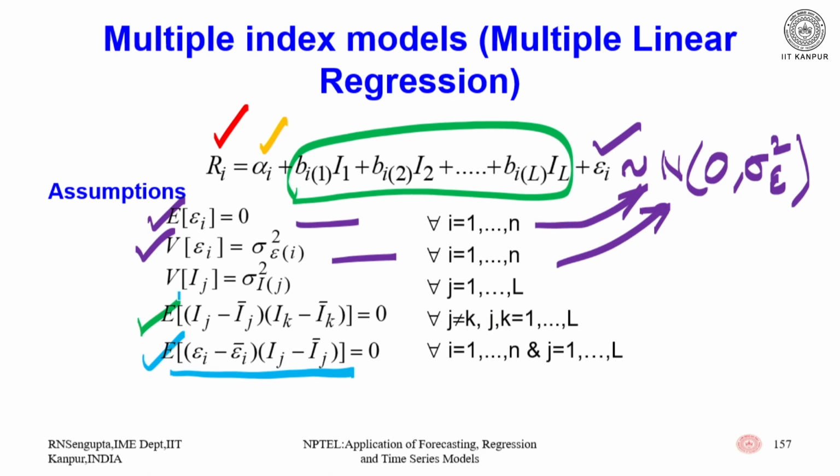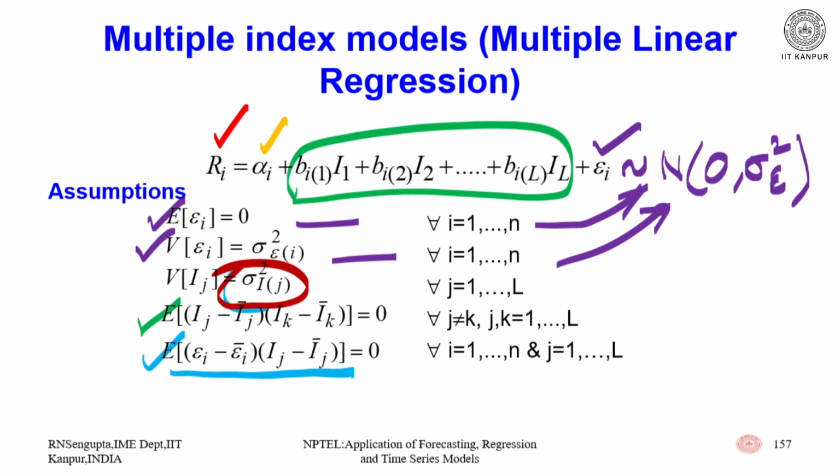And the one which is not marked, the third one, gives us that the variance of each and every term from x1 to xk is given by sigma square ij, and obviously the question would arise that I have not written about the expected value of I1 to IL.